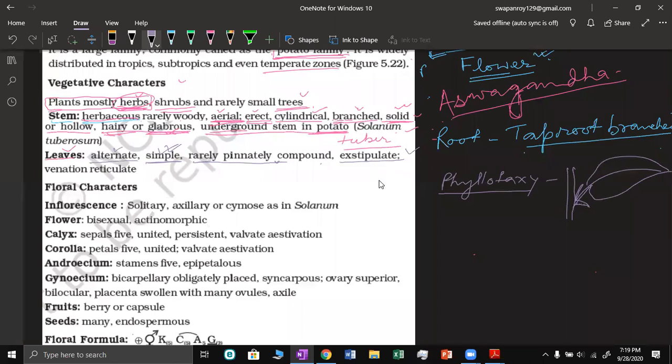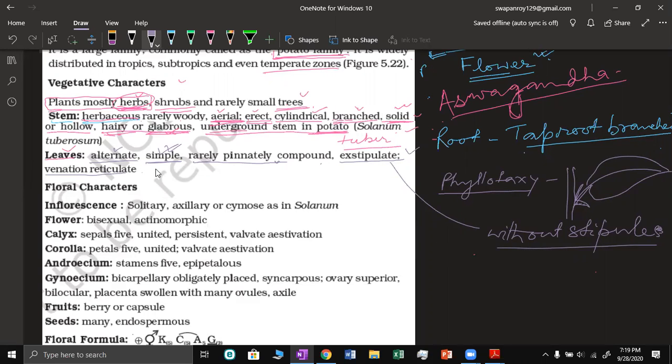These are not present in Solanaceae, so they are exstipulate. Exstipulate means without stipules, and then the venation is reticulate.